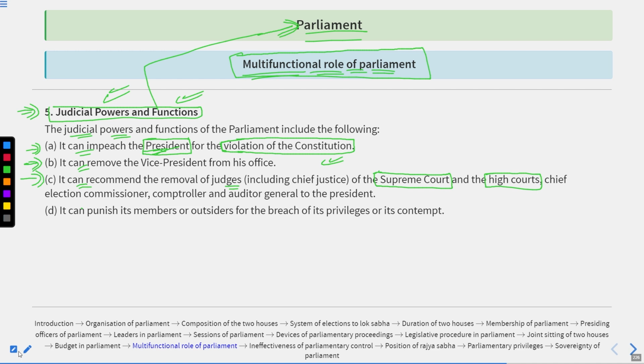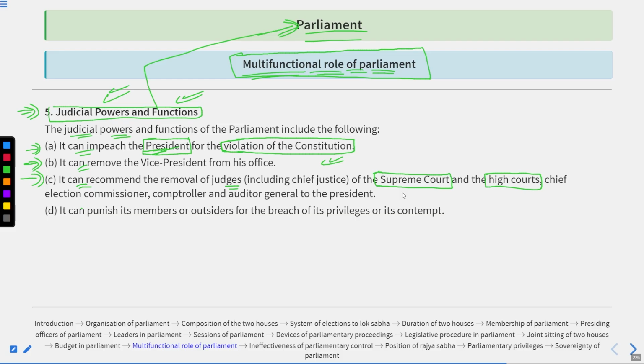If they got involved in an office of profit with the central government or any other government organization, that will be a case of misbehavior. If they misuse their constitutional and official powers, that will be a case of misbehavior.